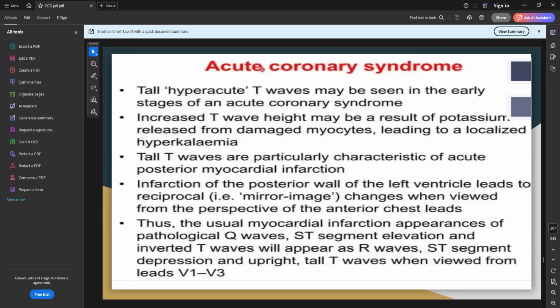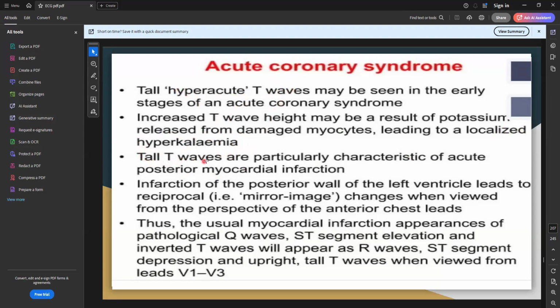So in acute coronary syndrome, not only is there coronary artery occlusion, there is localized hyperkalemia which leads to hyperacute T waves.